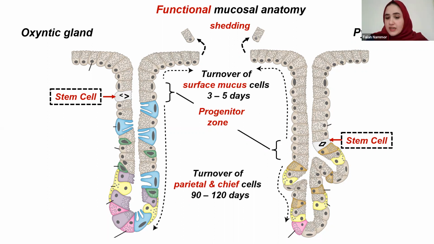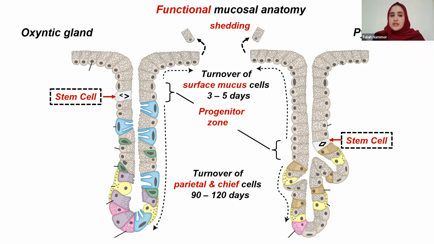But the important thing here is to know the basic structure that both of them share. Both of them contain stem cells, and both of them contain mucus cells, okay? The stem cells are basically the mother of all cells. Whatever cell we need, the stem cell is going to differentiate and give us that cell, okay?